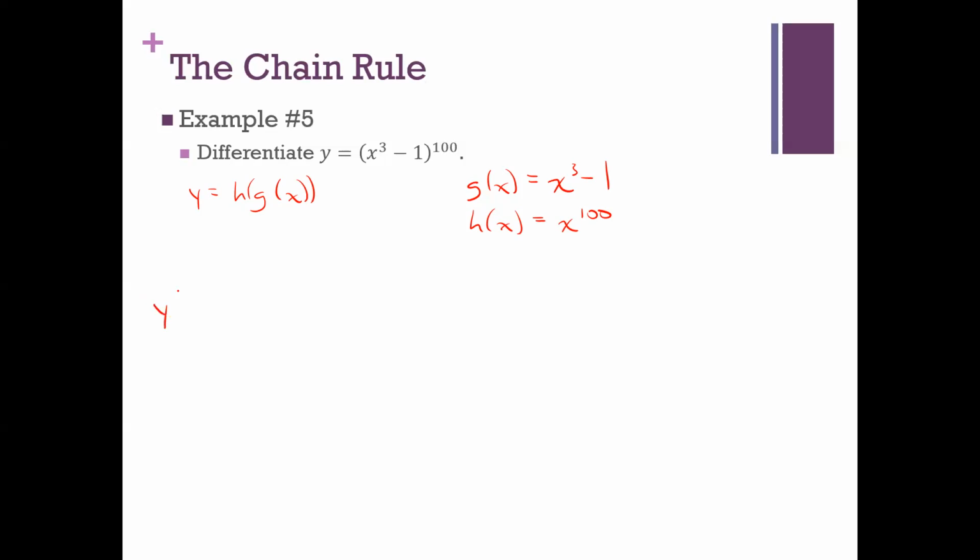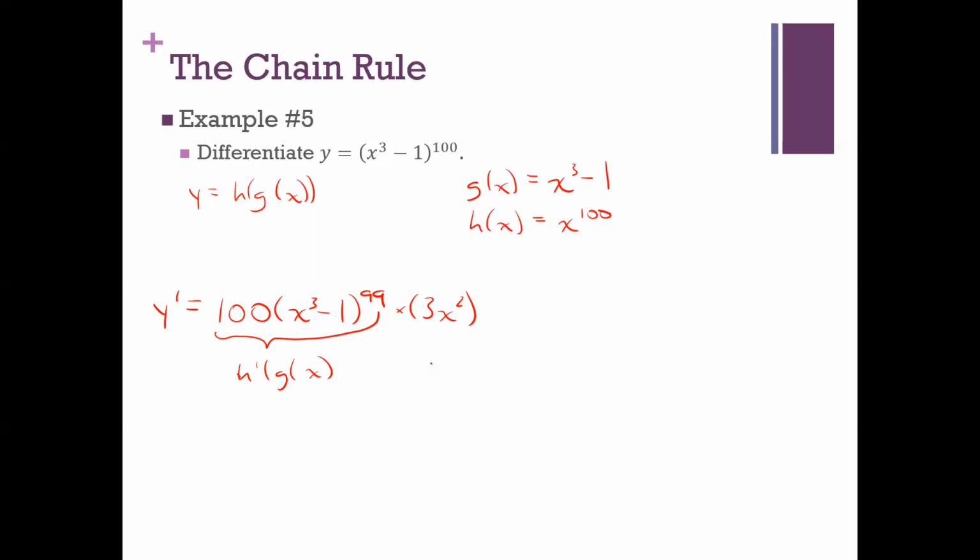What is y prime? 100 times x cubed minus 1 to the 99th power. Times what? 3x squared. But yeah, right here we have, this to me looks like h prime of g of x.